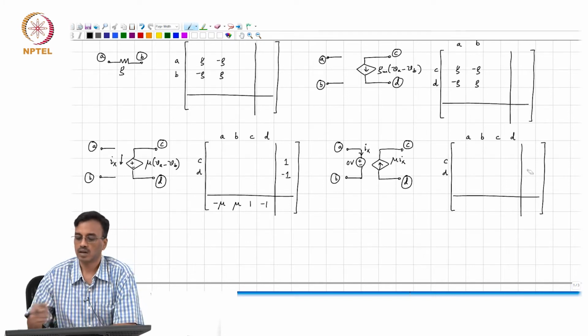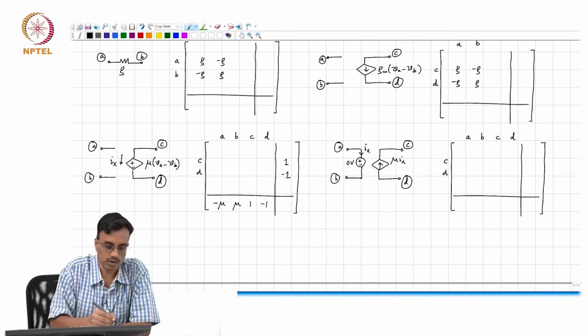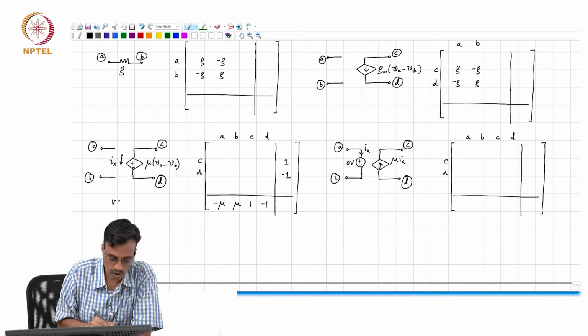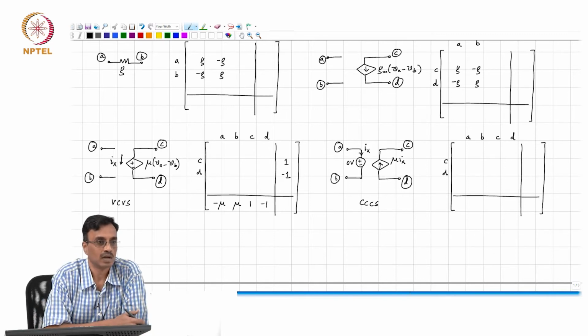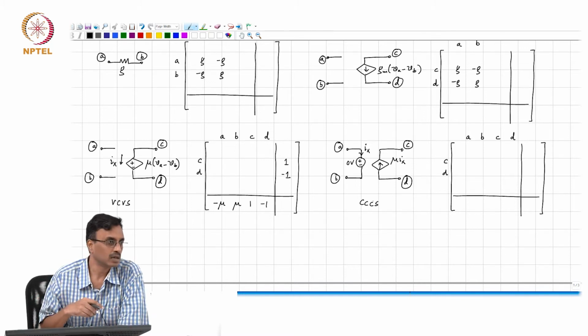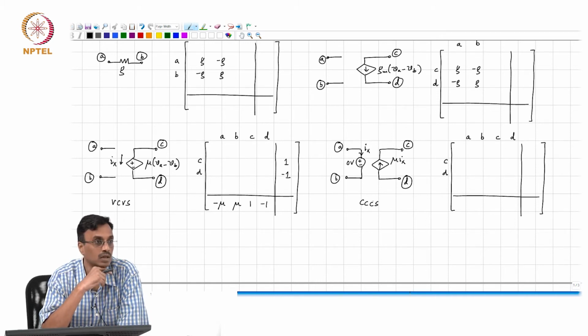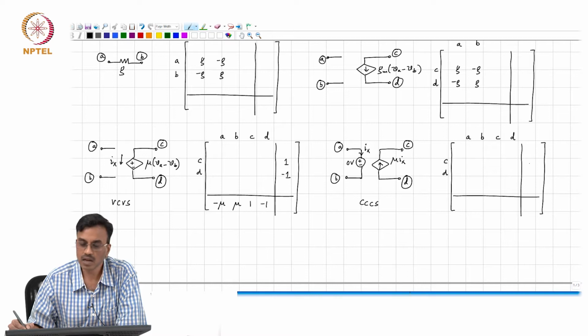After saying that, what comment can we make about the MNA stamp of the current controlled current source? So this is the voltage controlled voltage source, this is the current controlled current source. What is the stamp? Do not jump to conclusions. In which rows will the last column have entries? C and D, and what will be the entry in the Cth row?